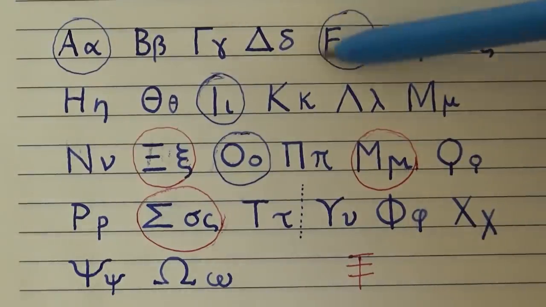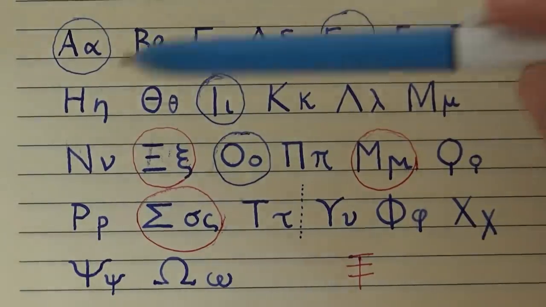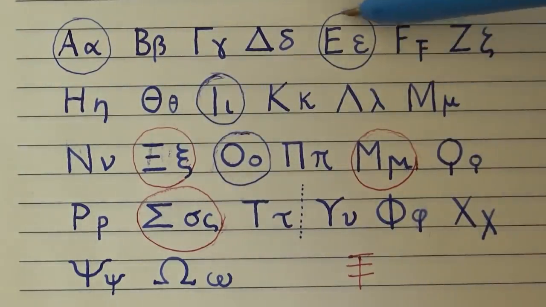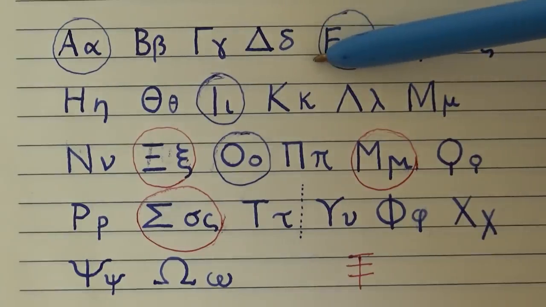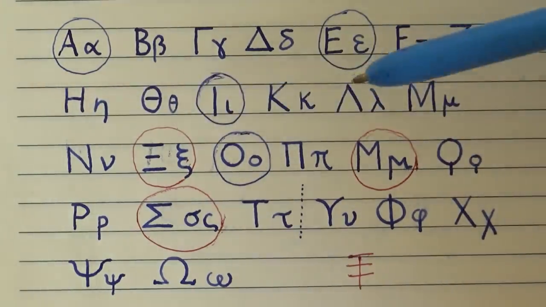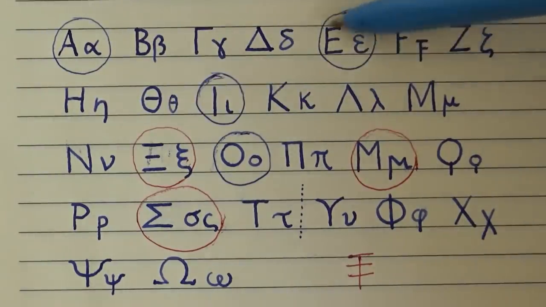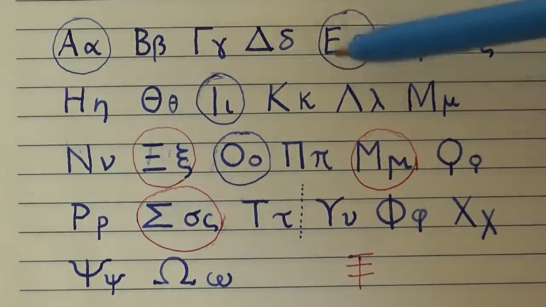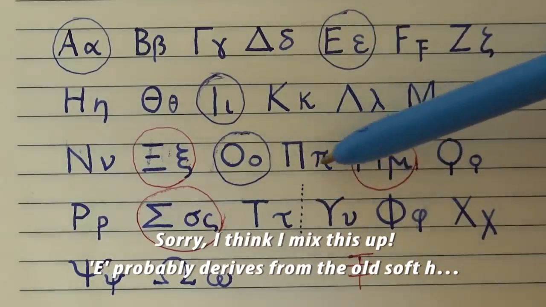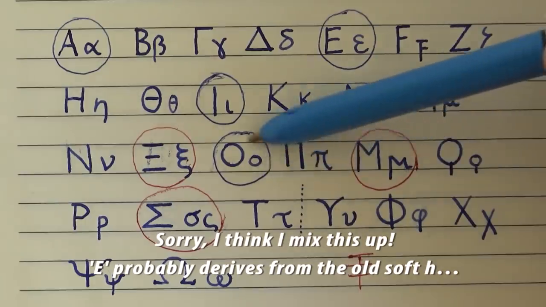So this became a vowel, and this is actually a vowel as well in Greek language, so it's E, and this is E. But this was originally, in these old alphabets, I guess, two versions of today's H. And this was the heavy version, I believe, articulated at the same point in the throat as Ein.